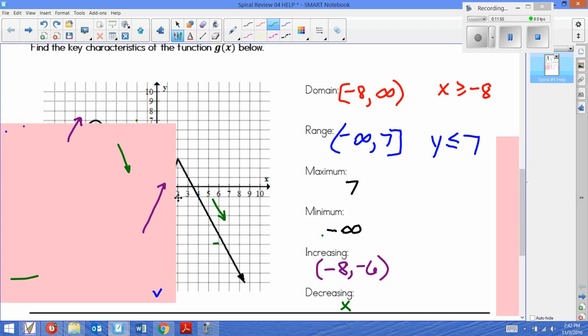Well, x is always going to be 2, 3, 4, 5, 6, 7, 8, 9, bigger than 2. You could also write it in interval notation and say this is going from 2 all the way to positive infinity. I could also do the inequality notation up here for my increasing. So -8 < x < -6.